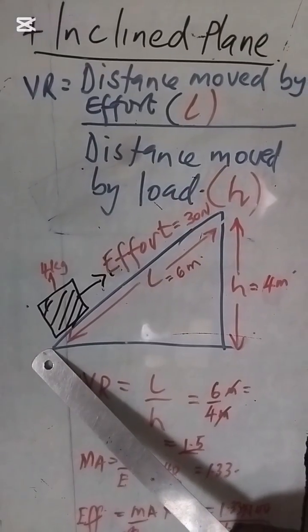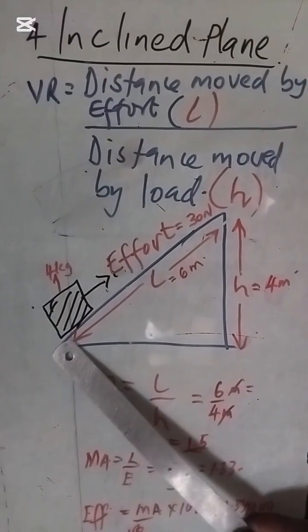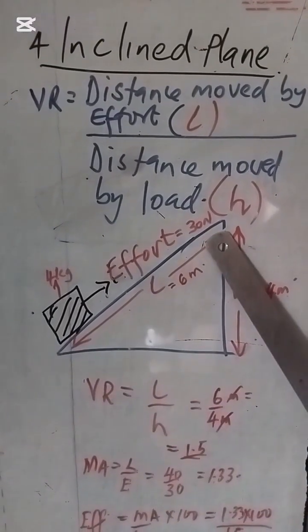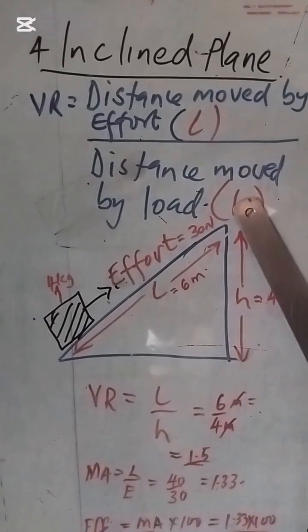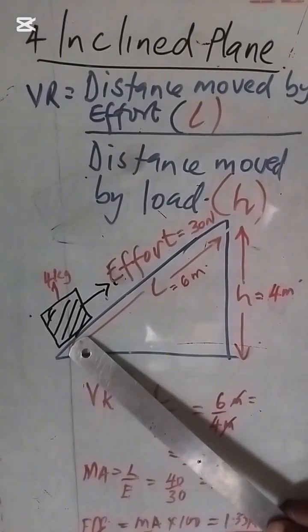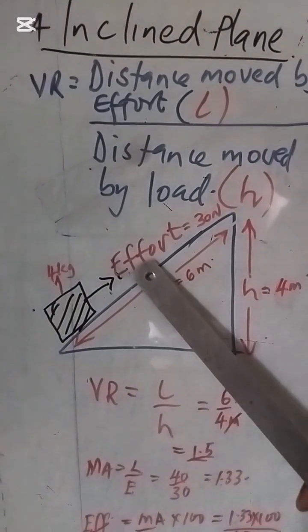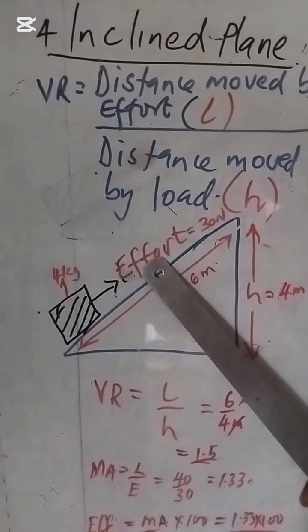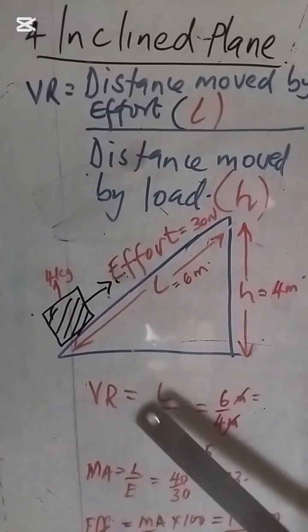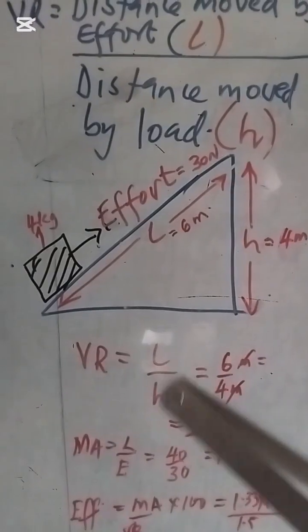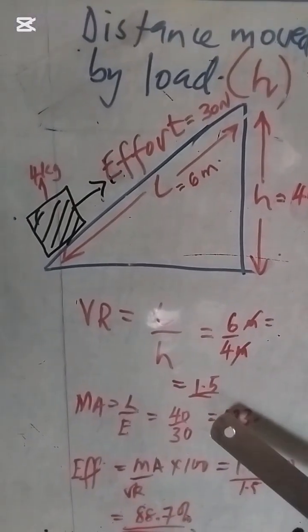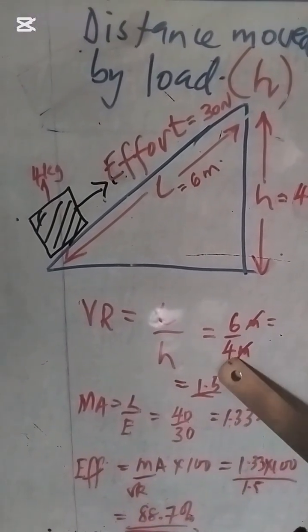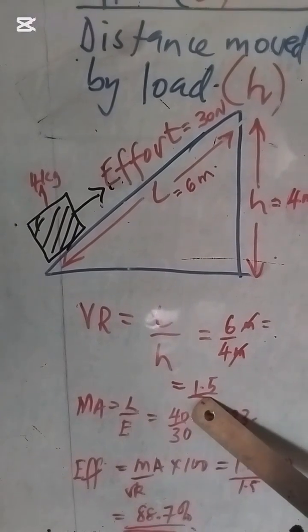You have got to use a slant, an incline to go up 4 meters. So the length of the incline represents the effort. Then VR therefore becomes L over H. L, which is 6, H, which is 4, then you get 1.5.